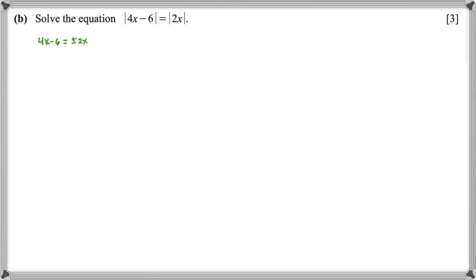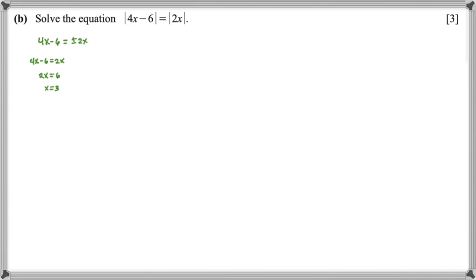So 4x minus 6 is equal to positive 2x. In this, we get 2x is equal to 6. So 4x minus 2x is 2x. Move negative 6 to the other side, we'll get 6. Hence, x will be equal to 3.